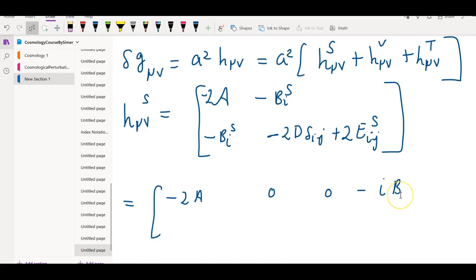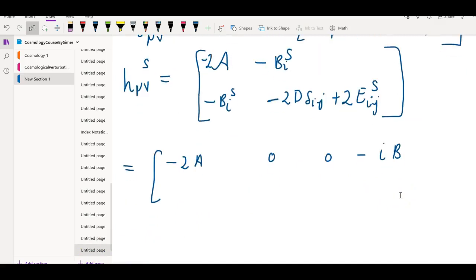So we got minus iota b. Next, this is 0, 0, minus iota b. Sorry, this is minus sign, so this will be plus iota b. This is plus and this is plus. Then we have, this is done.